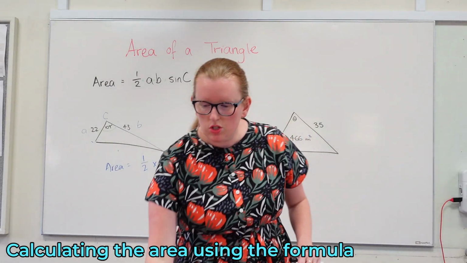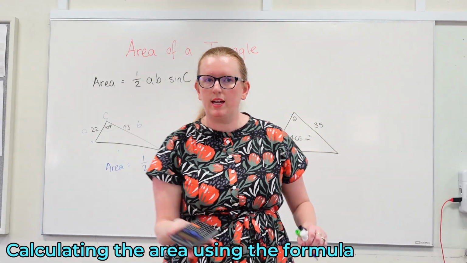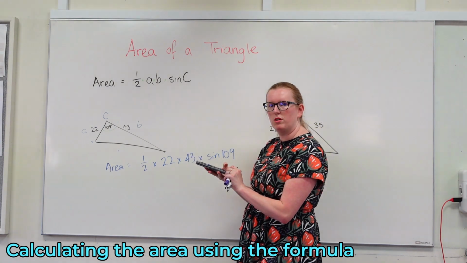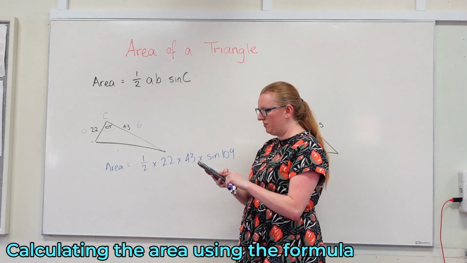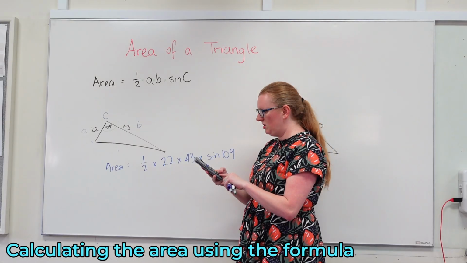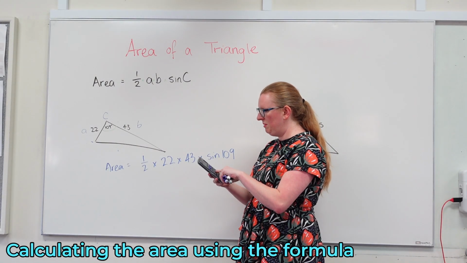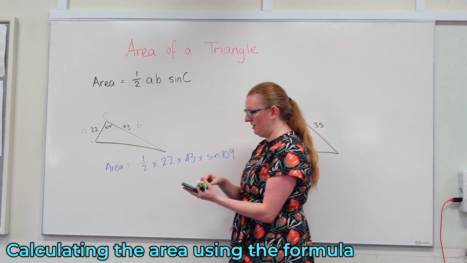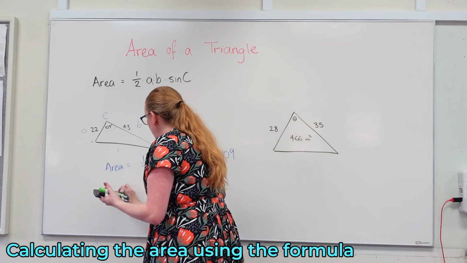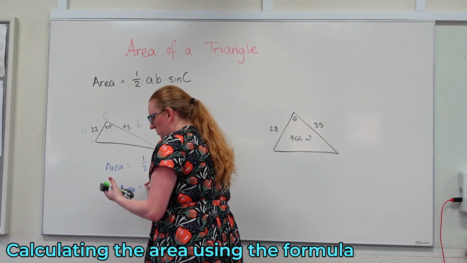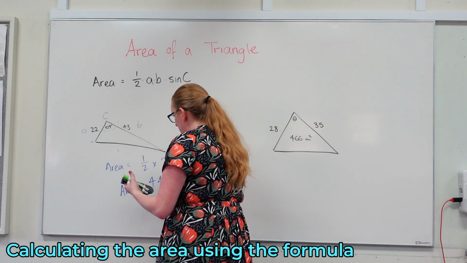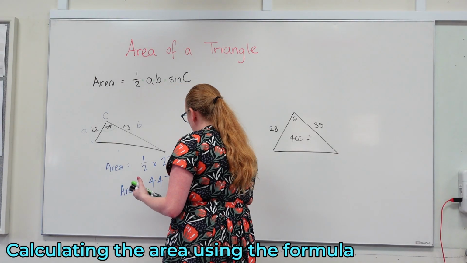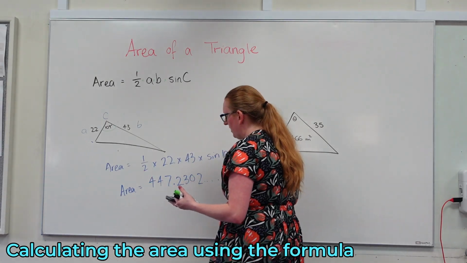Okay, we type it into our best friend, our calculator, and it'll do the work for us. So half times 22 times 43 times sine 109, make sure our bracket is closed, and we get area equals 447.2302 and so on.